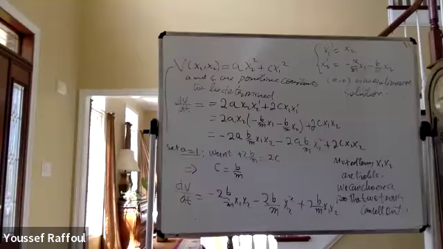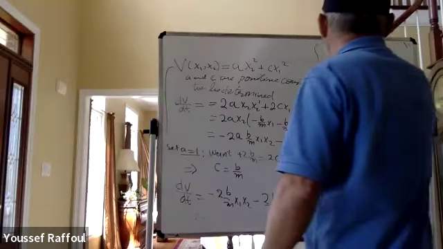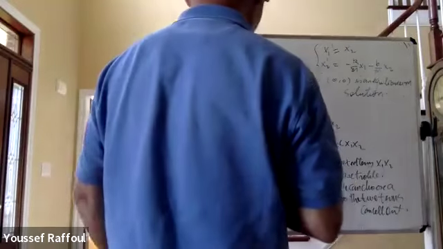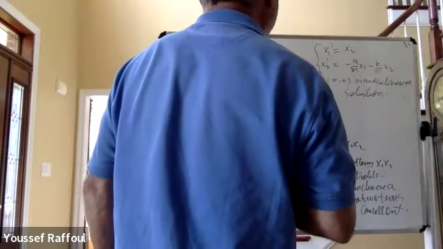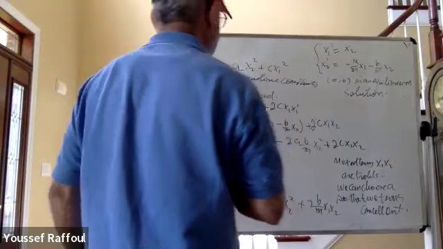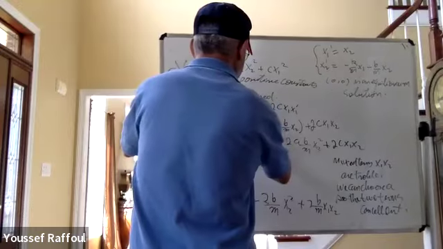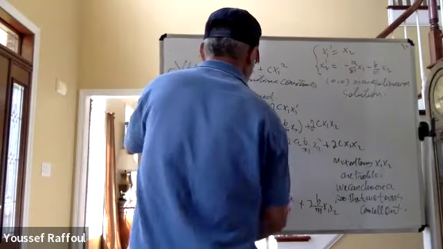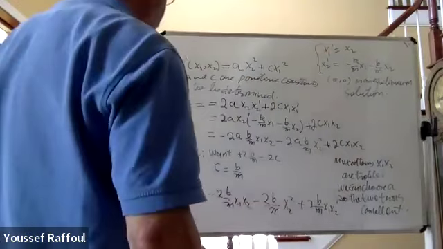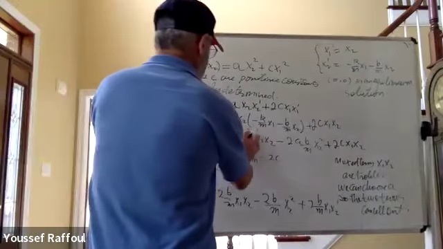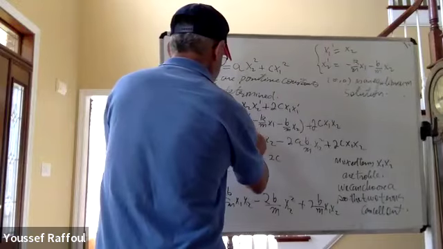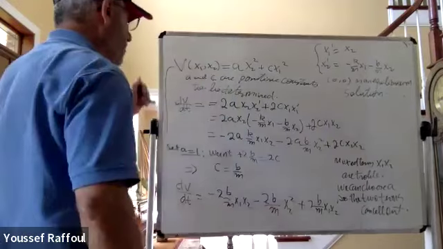Because it should be C equals k over m. Yes, sorry, minus k over m.